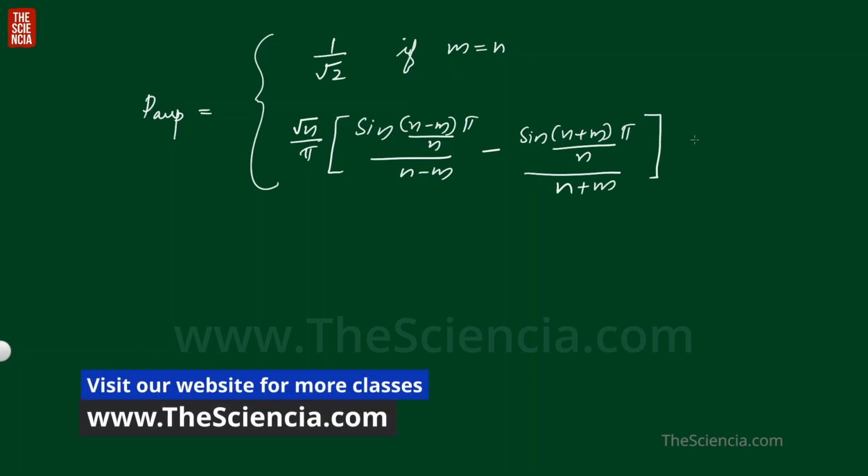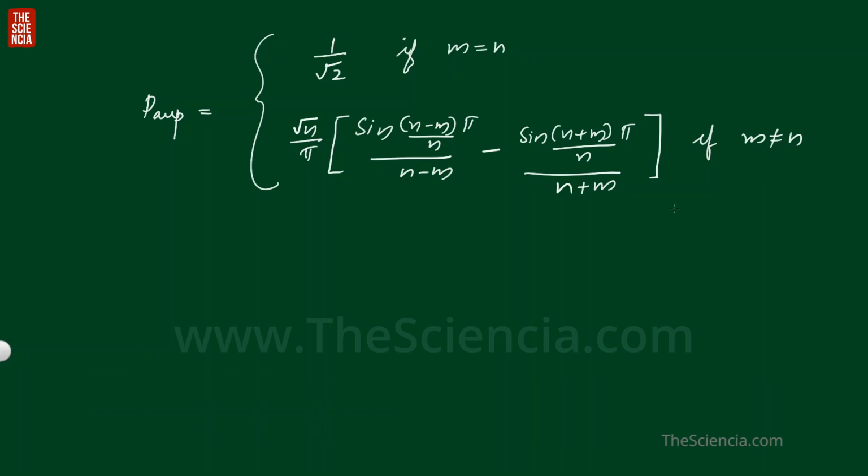And this is for if m value is not equal to n value. So this is the trick to find out the probability amplitude. So once you got the probability amplitude, you can find out the probability, that is equal to mod square of probability amplitude. Okay. Now let us check our previous example problem by this trick.